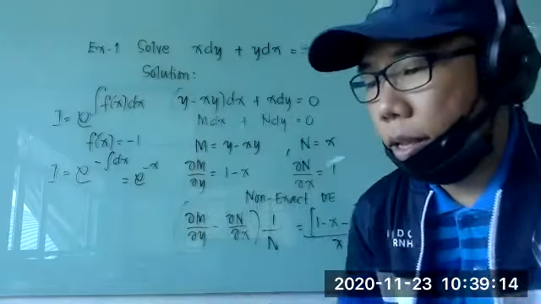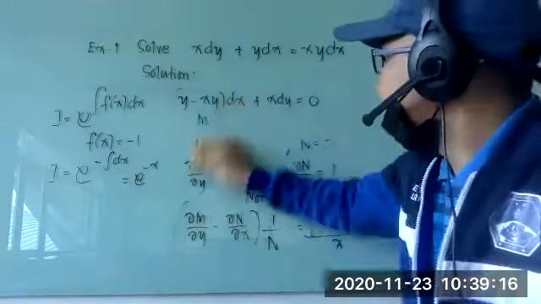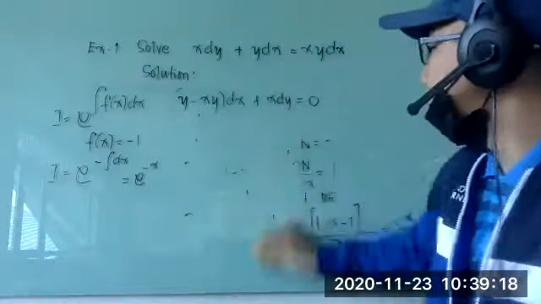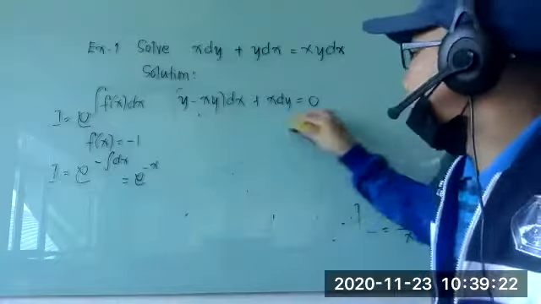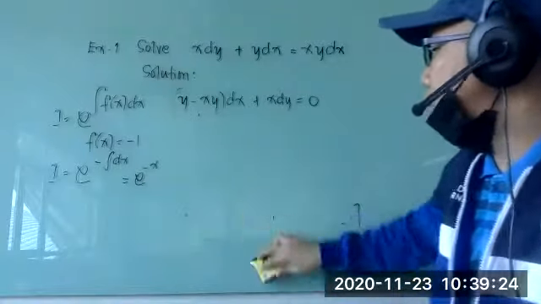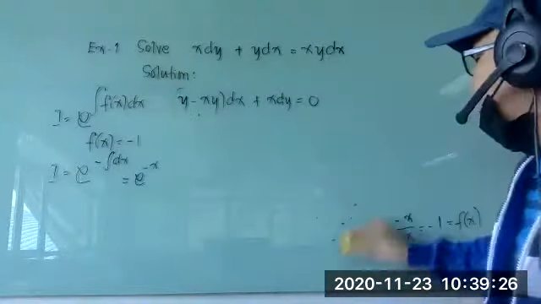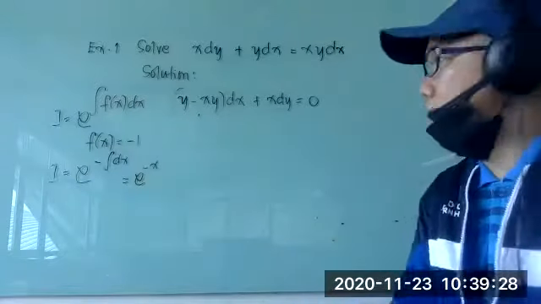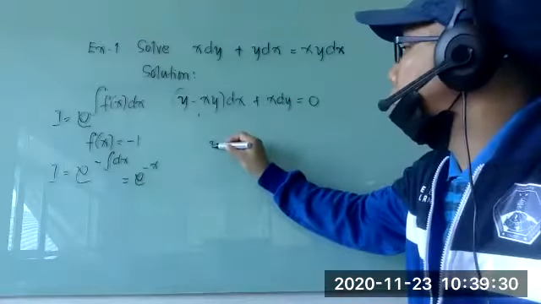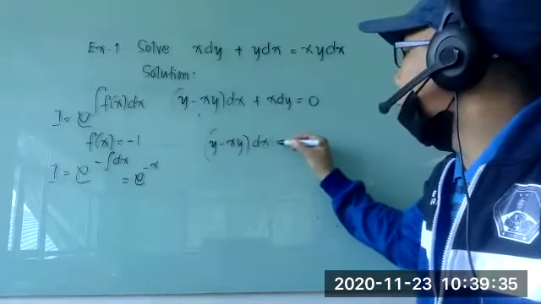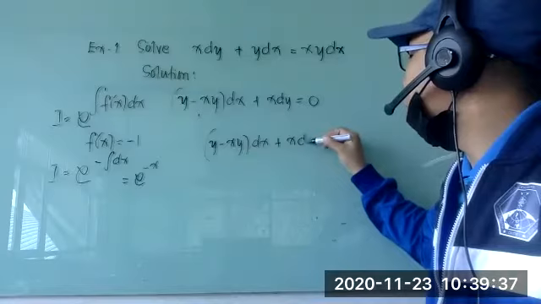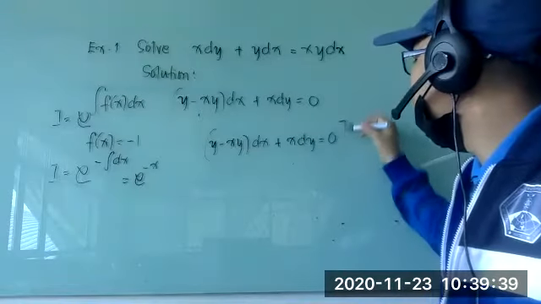Okay. I'll erase this first. Now that we have the integrating factor, we multiply this DE by the integrating factor. Yun na yung next step. And then that will be an exact na. So y minus xy dx plus x dy equal to 0.